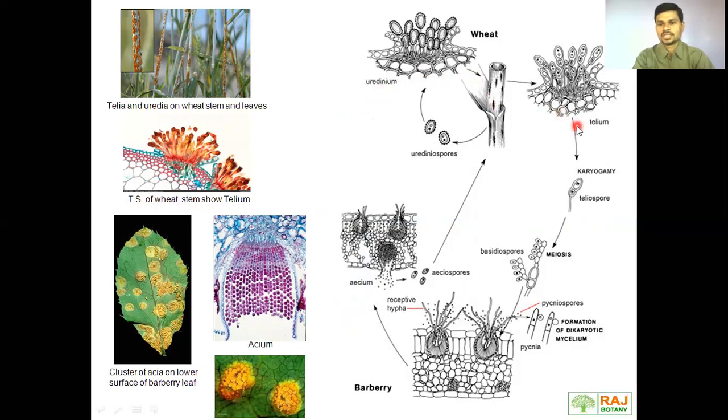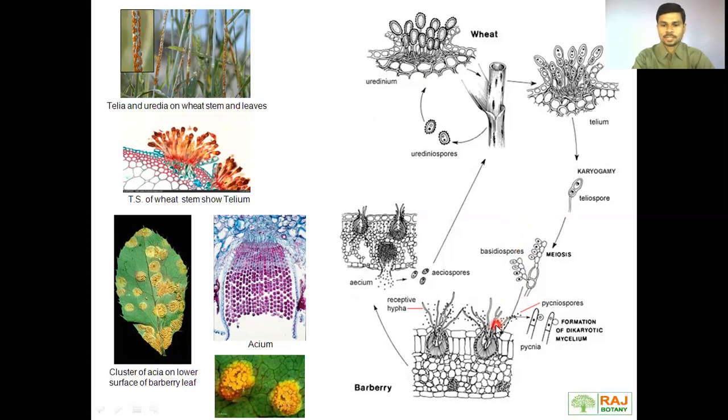From the uredinium, there is development of the teliospores, which are actually two-celled, and from these two-celled teliospores there is development of the basidiospores, and this is the basidium condition.